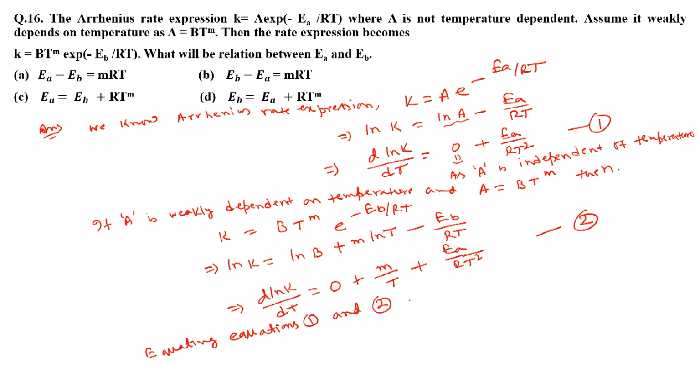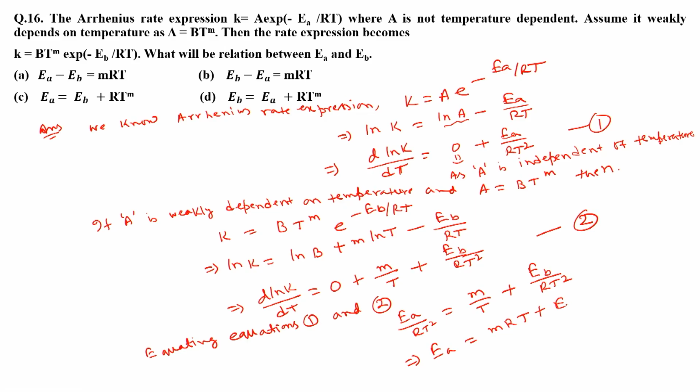So we write Ea by RT square is M by T plus EB by RT square. So if we multiply both sides by RT square, we get Ea is MRT plus EB.